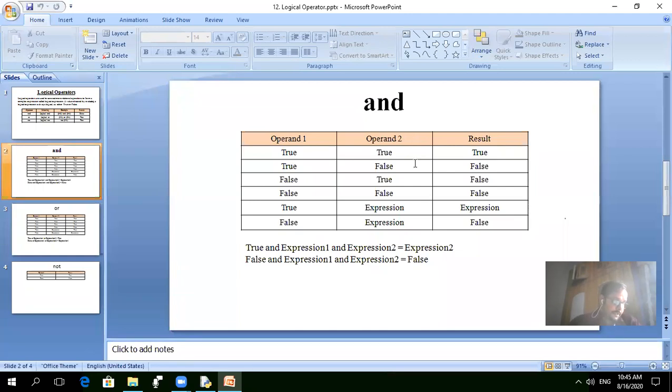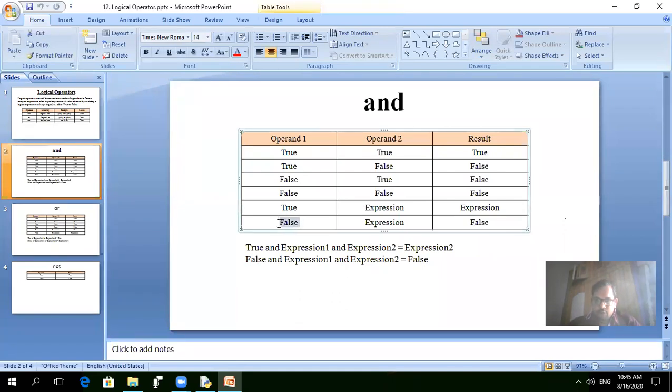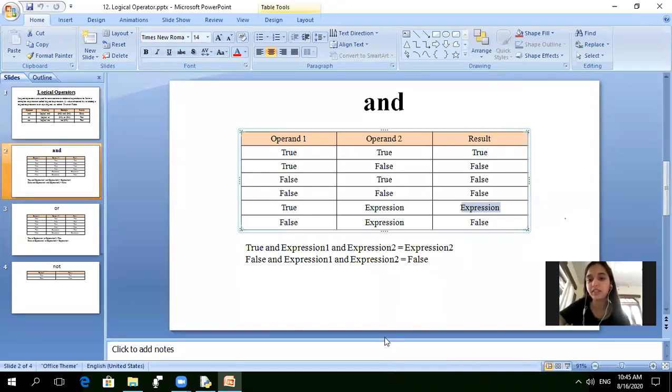If the first operand is false, then the last case, this one is false, so it will return the answer false. Otherwise it will give the answer true, or you can say expression, the last one. See the definition. Sir, give us one example. Yes, I am giving an example. Wait for some time.